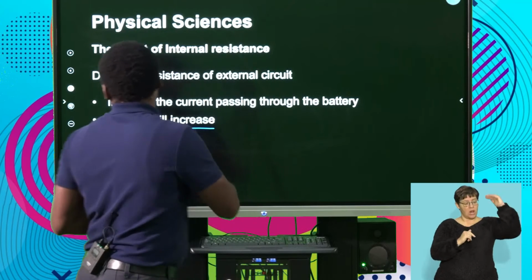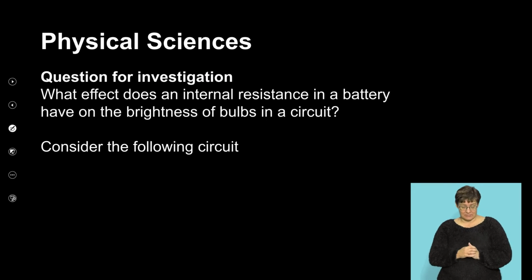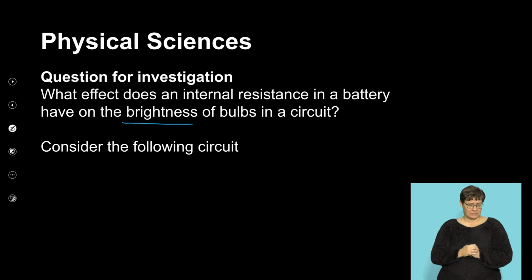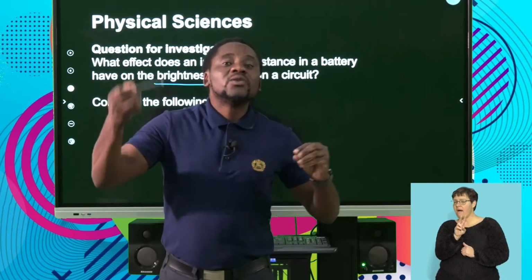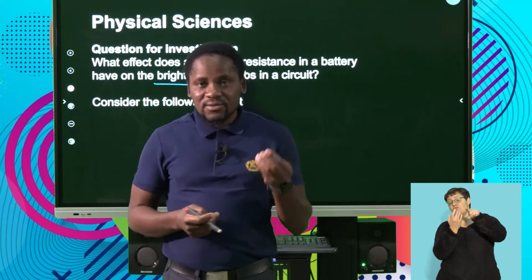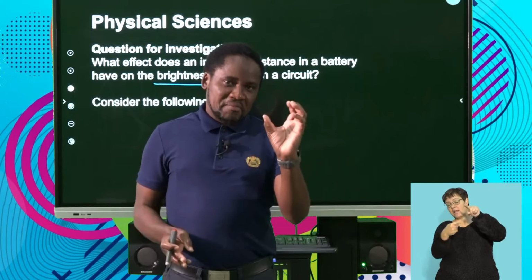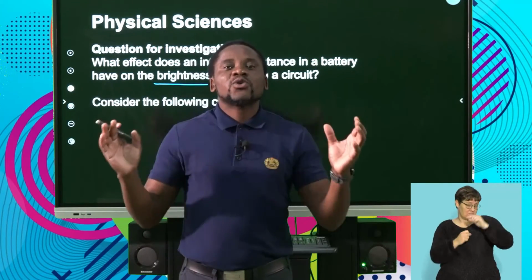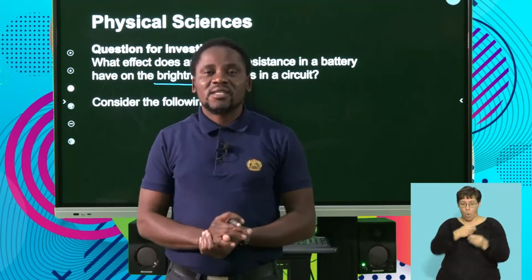And then, what effect does an internal resistance in a battery have on the brightness of bulbs in a circuit? Now we want to look at the effect of taking into account the internal resistance of the battery on the brightness. Remember, if we add the internal resistance of the battery, we're increasing the effective resistance of the circuit.